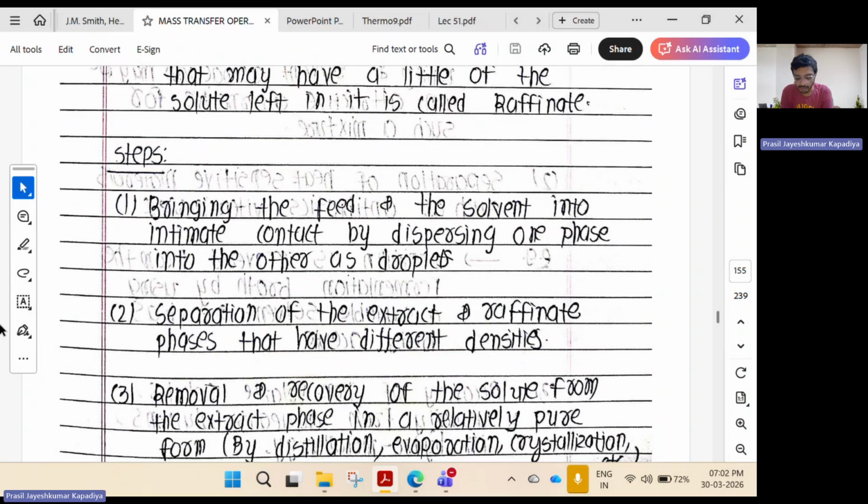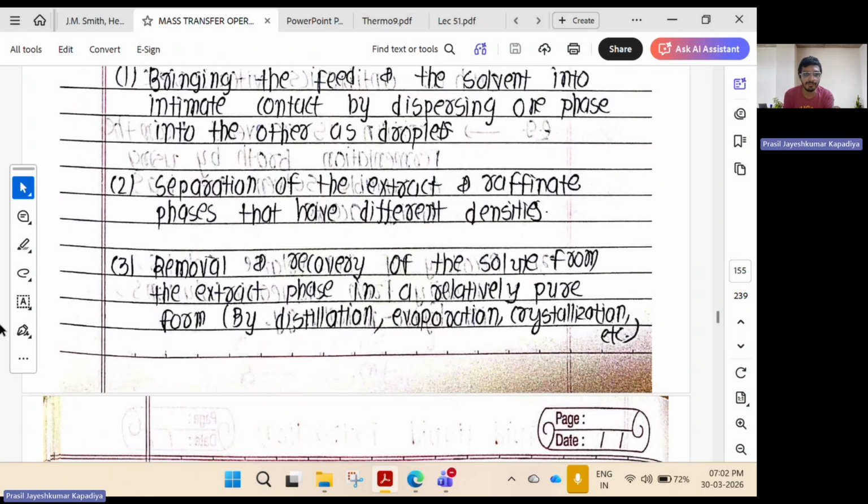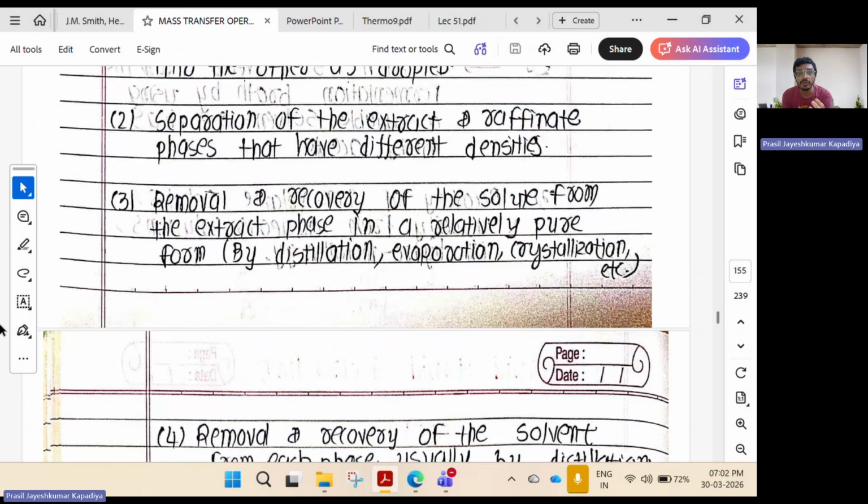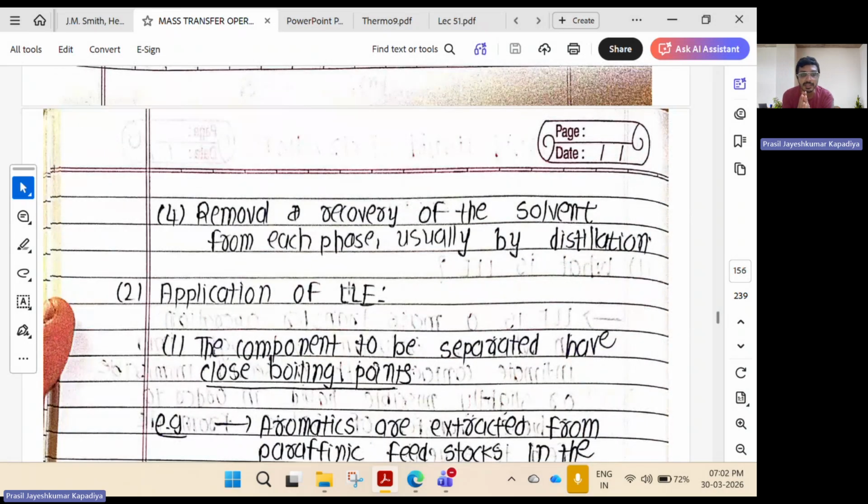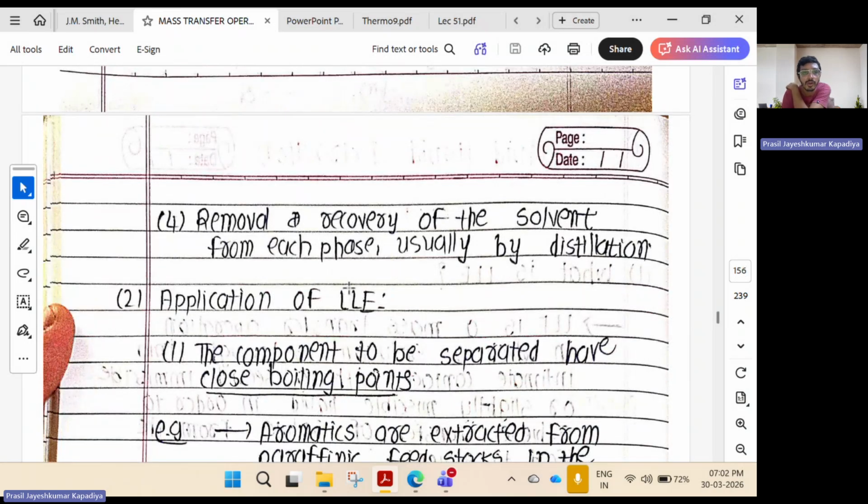Then we allow it to settle, and then we will have two phases. One is the extract phase, that is the solvent rich phase, and another is the raffinate phase, and both phases will have different densities. Now, for removal and recovery of solute from the extract phase in a relatively pure form, we can use distillation, evaporation or crystallization. Then removal and recovery of solvent from each phase is usually done by distillation.